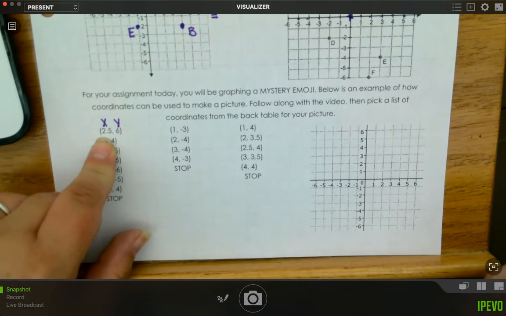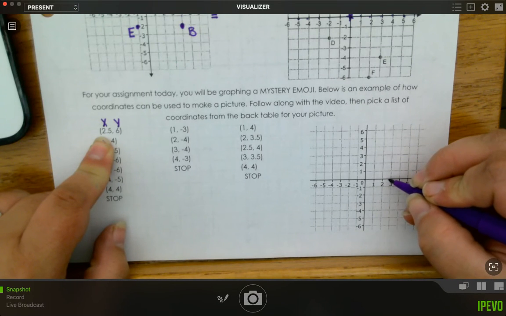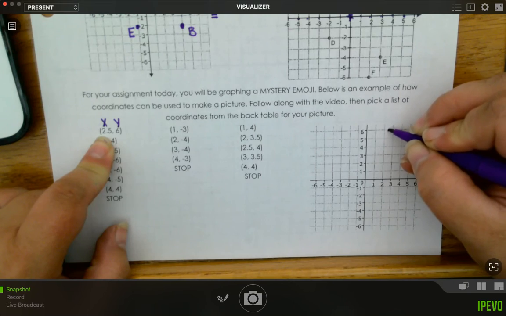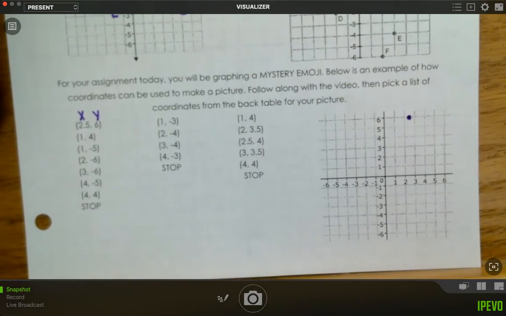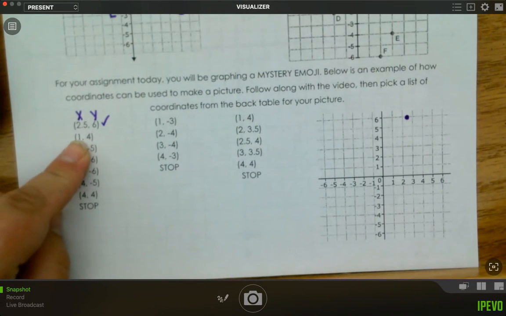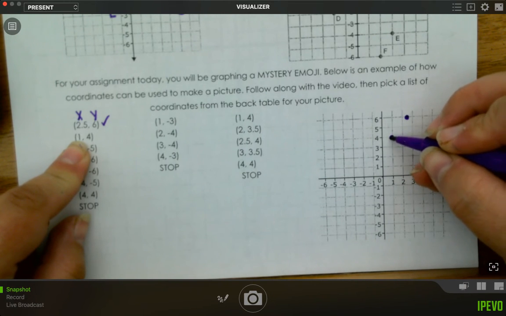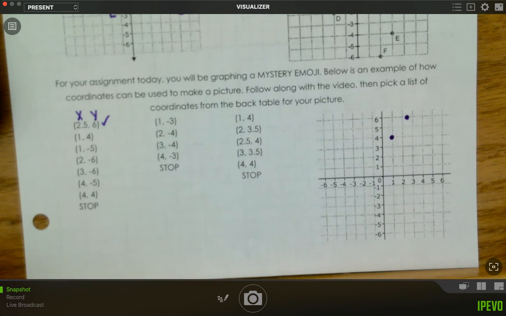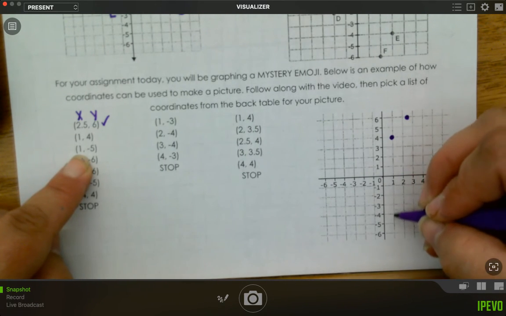So we're going to go to where x is 2.5. That's over 2 and halfway between 2 and 3. Then I go up 6 and I put my point there. Then I'm going to go to 1, 4. X is 1, y is 4. 1, negative 5 is over 1, down 5.